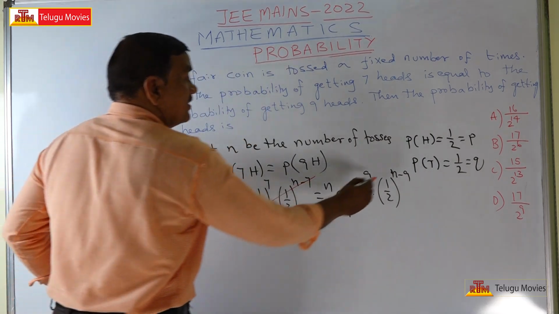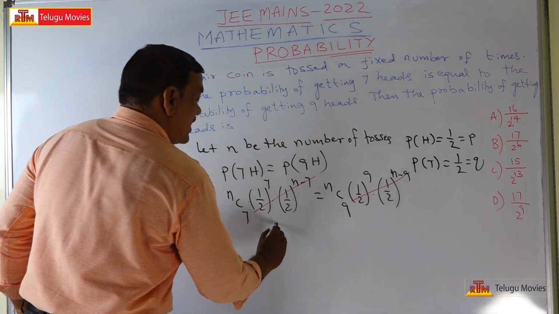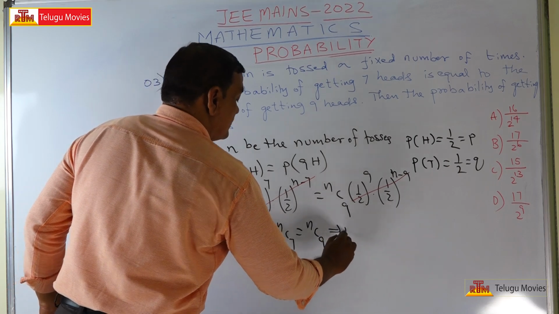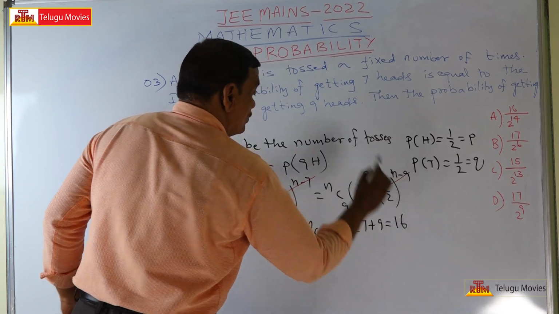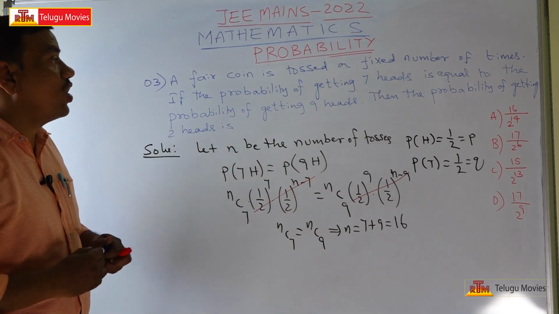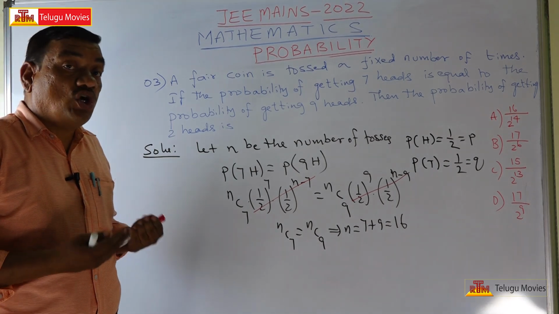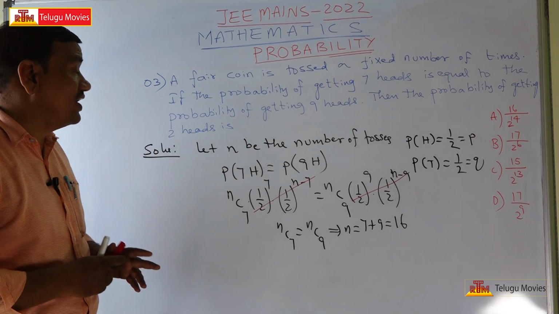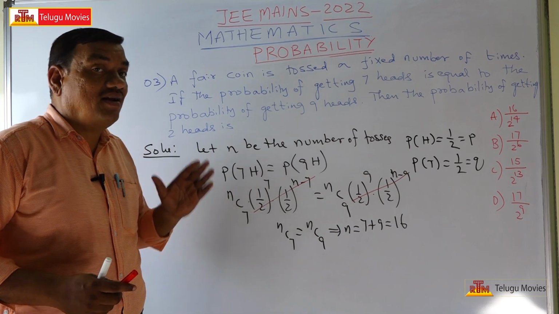So nC7 is equal to nC9. This implies n is equal to 7 plus 9, that is 16. So if you toss 16 times, then the probability of getting 7 heads will be equal to the probability of getting 9 heads.